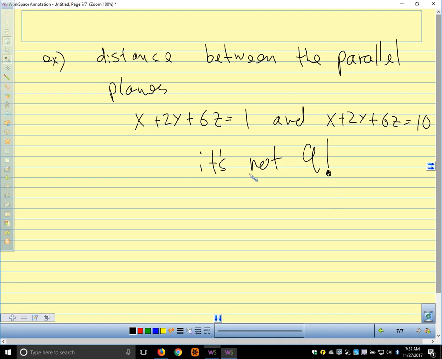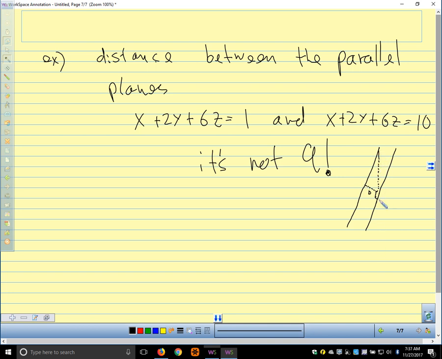And the reason it's not 9, or it's not necessarily 9, it could be. The reason is we could have our planes like this, and we're interested in this distance, not that distance.